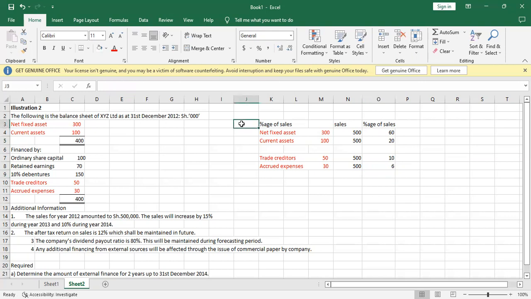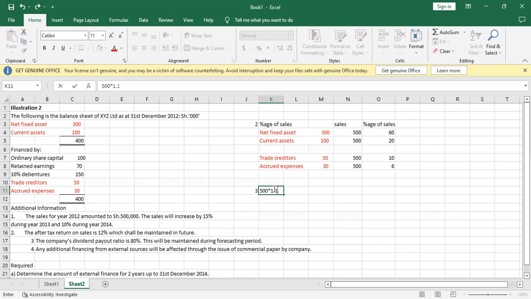Step number 3, you said, is to now compute the increase in sales over the period. And we've been given here that the sales will increase by 15% during the year 2013 and 10% during the year 2014. So we are talking of the increase. So we are increasing our 500,000 multiplied by 110 over 100.